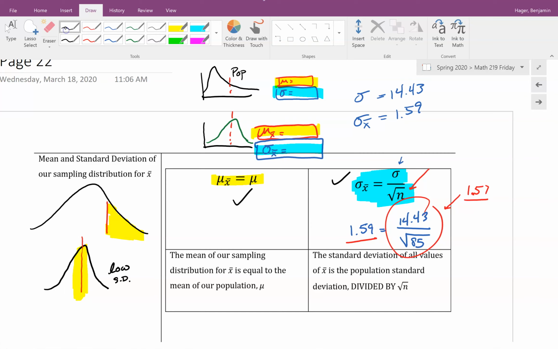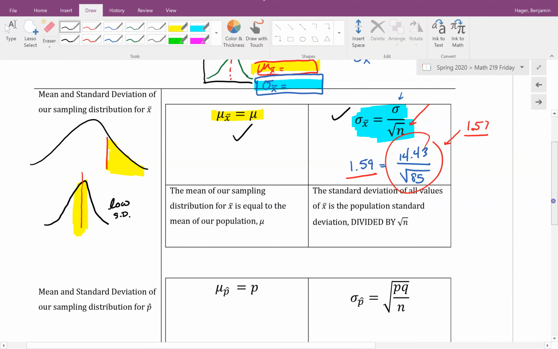You don't have to go very far left or right to get a lot of your data next to the mean. Whereas if you're looking at something with a higher standard deviation, the bell-shaped curve is still bell-shaped, but it's a little wider. Basically, a lot of your data is spread out far from the mean. This would be indicative of high standard deviation. Doesn't matter which one you have, but you need to know which one you have, because if you're finding the area to the right of some value, it could be wildly different depending on the shape of your curve.